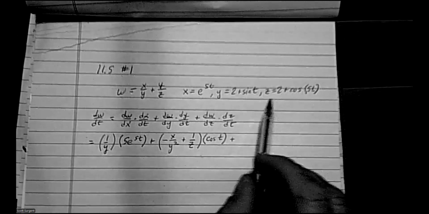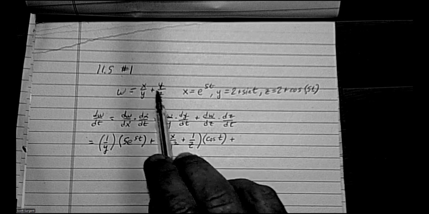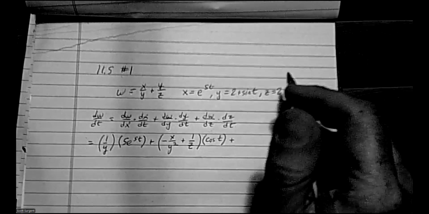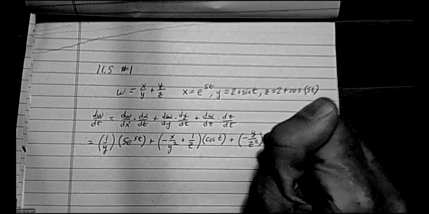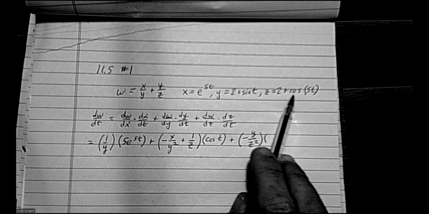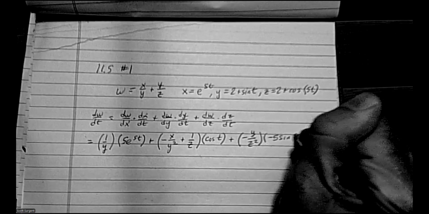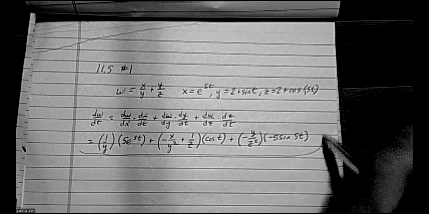And then dw/dz, well, that's negative y over z squared. And then the derivative here will be negative sine 5t and then a 5. So negative 5 sine 5t. And I'm going to stop right there.